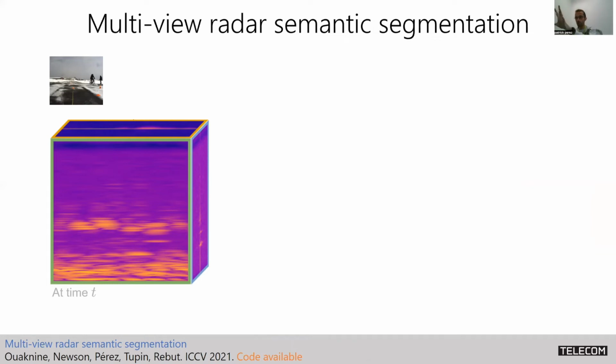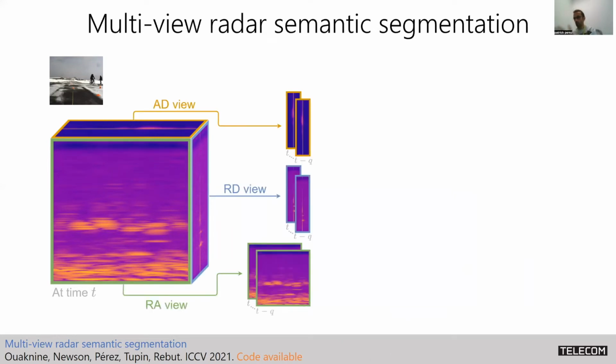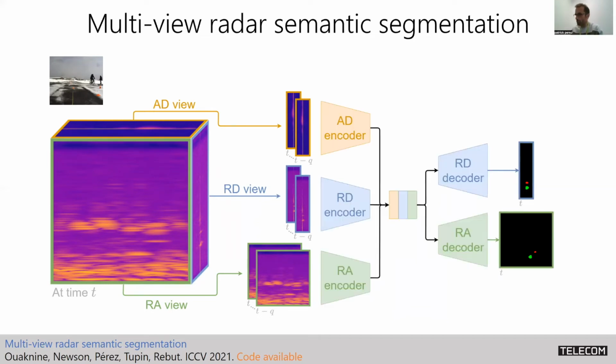To say how we used this dataset: this is what is called the radar tensor at a certain time. Out of this tensor you can build three different 2D views, in sequence through time. We had different attempts with different architectures, but we had this convolutional neural network with three different input streams, and we set the task of segmentation of two of the views using our annotation, and this is how we train the model.